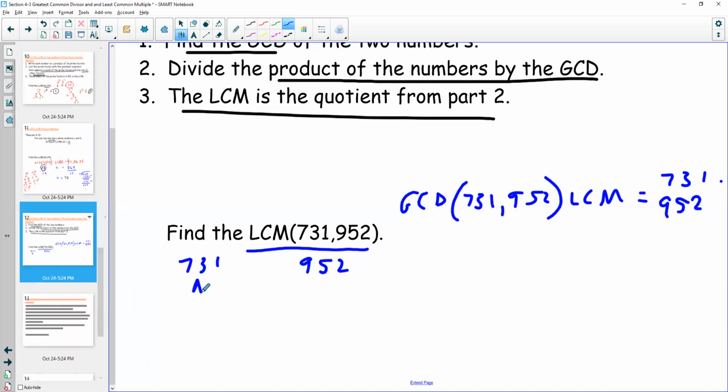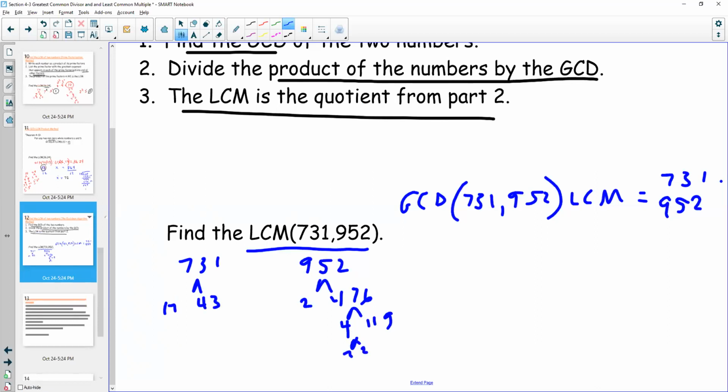So I know 731 is 17 times 43. I know 952, let's see, I could divide by 2. That would get me 476. I can divide that by 4. It's 119, and that's 2 and 2.